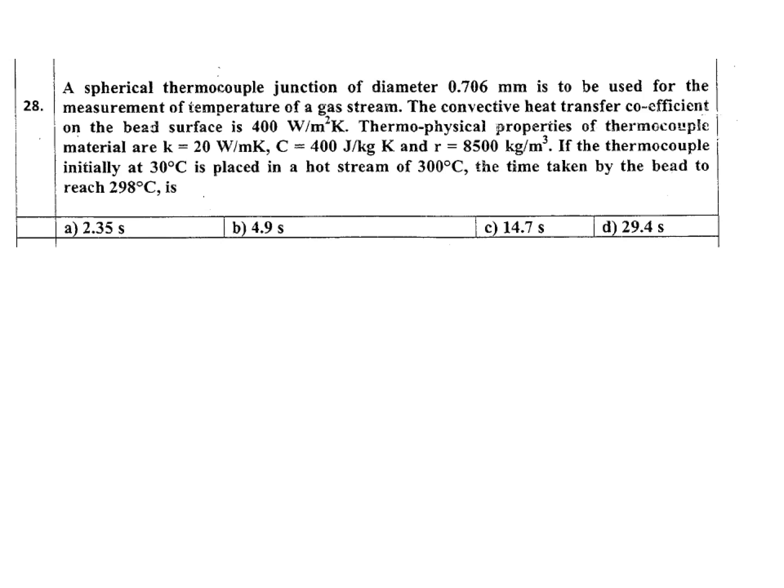Without a calculator, it is very difficult. So its formula is theta by theta I equals e to the power minus Biot number into Fourier number, or theta by theta I equals e to the power minus HAT by rho VC.